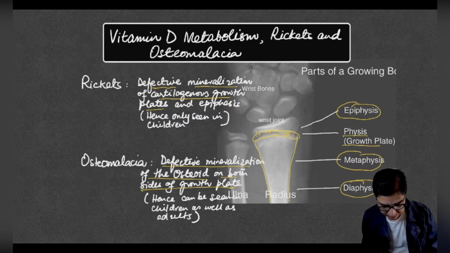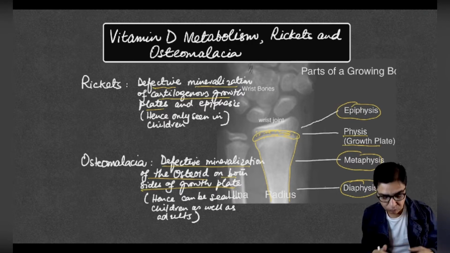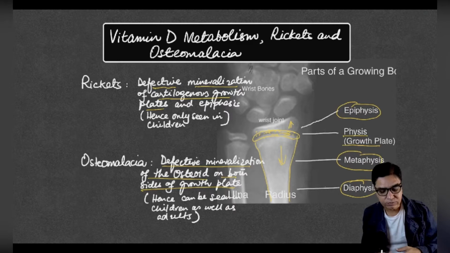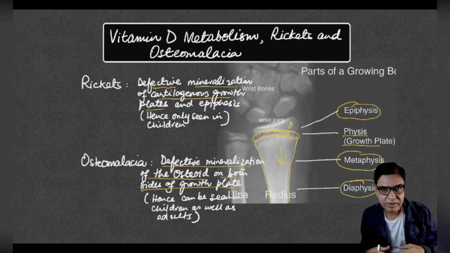Here it means defective mineralization of the osteoid. So osteoid means the bone that has already been formed on both sides. So this side as well as the other side. So if on both these sides there is deficiency of the calcium salts getting embedded within this bony tissue, which we call mineralization, if that is defective, then we call it osteomalacia.